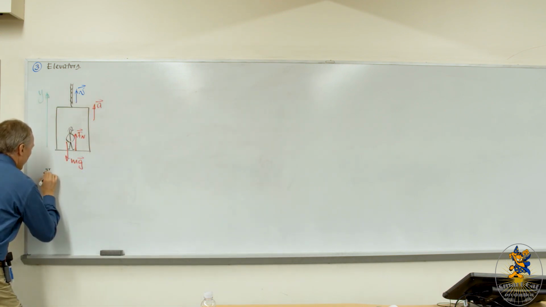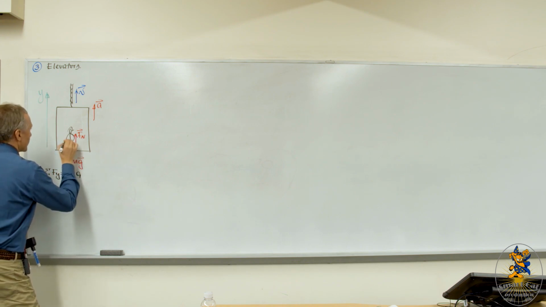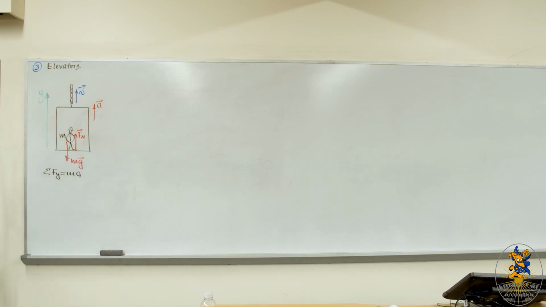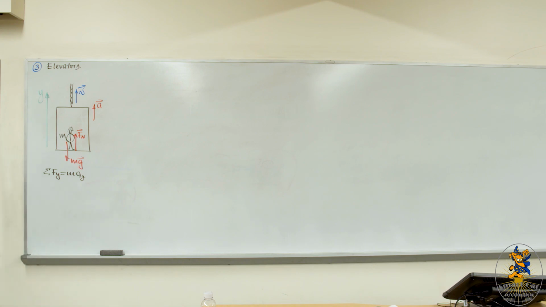So sum of all forces in the y direction equals mass times acceleration. And again, mass, it's a guy. Okay, the person. Acceleration in the y direction, right? Okay, so now let's apply explicitly normal force positive, gravitational force. What is given? We can say acceleration is given.